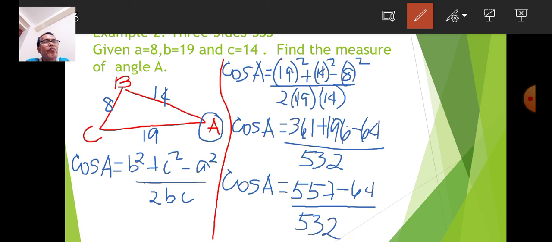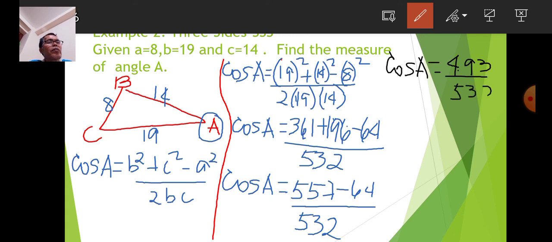So therefore, we have cosine A is equal to 557 minus 64, you will have 493 divided by 532. Therefore, cosine A is equal to 0.92669.